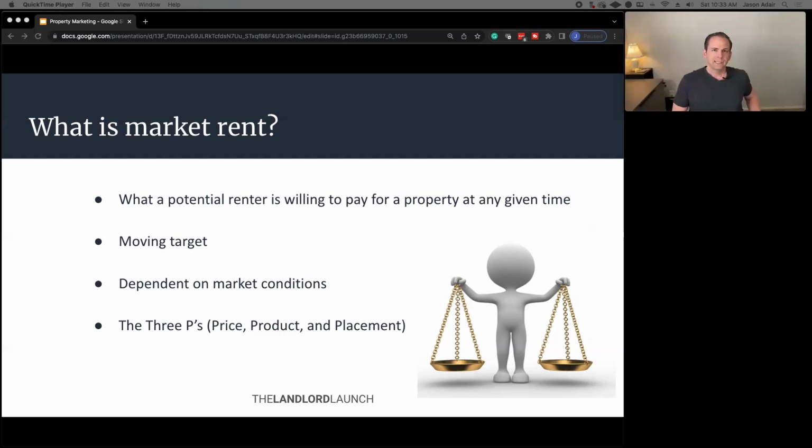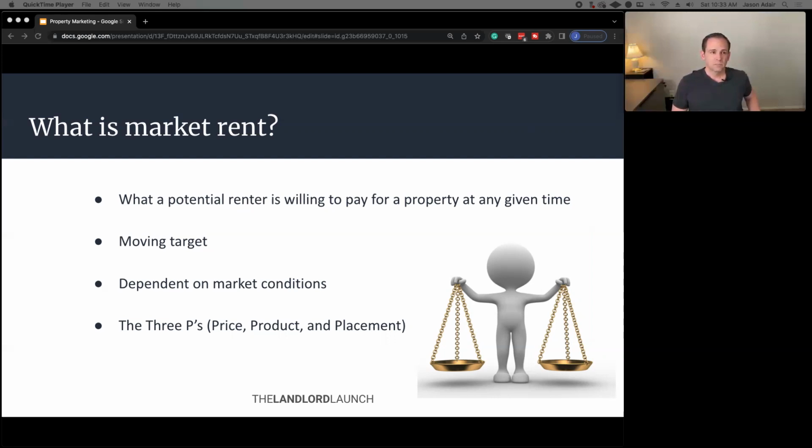So market rent is the amount of money that a renter is willing to pay at that given time. Now this is something that changes. It changes based on what's going on in the market. Let's just say that your house normally rents for $1,000, or you can rent your house for $1,000 in December.